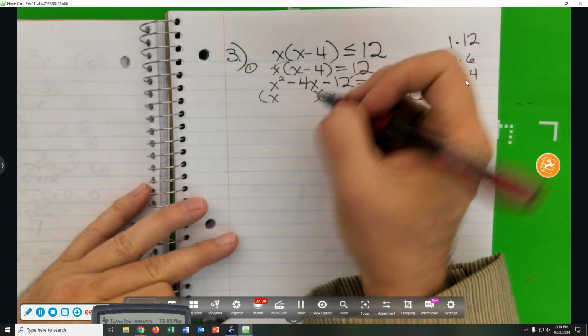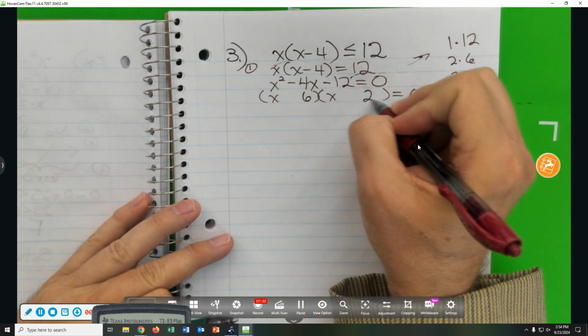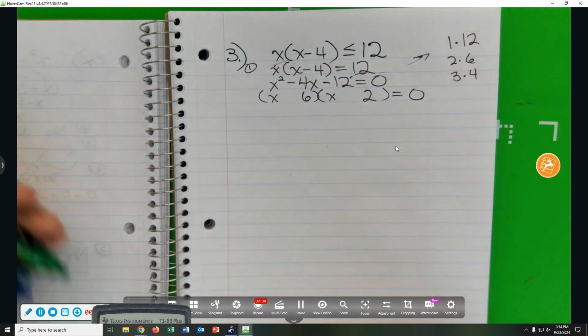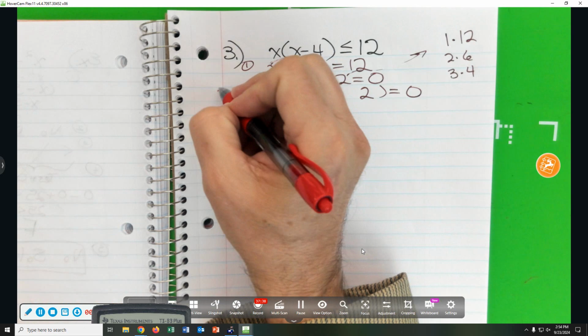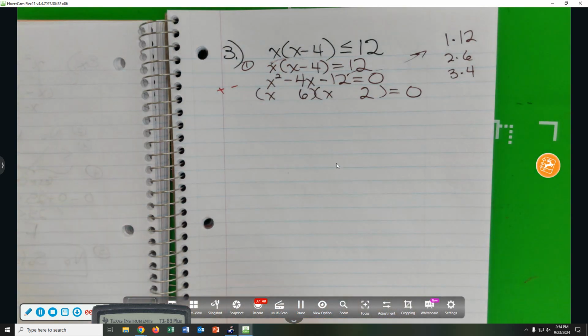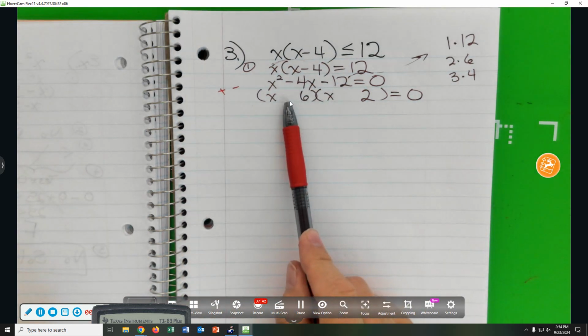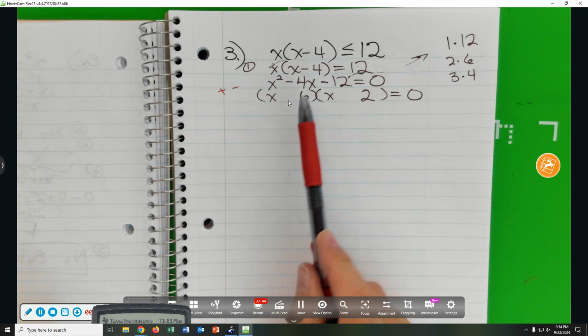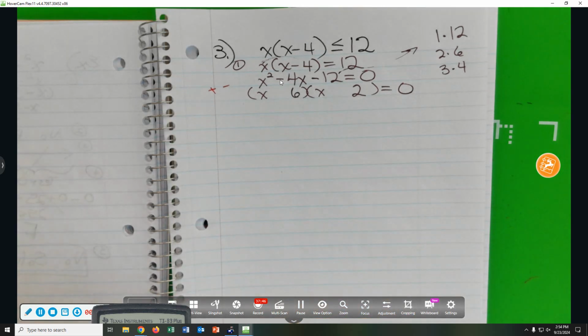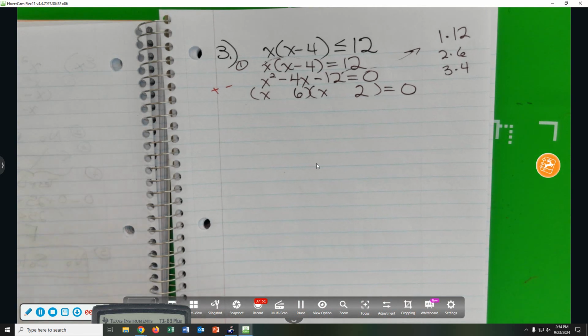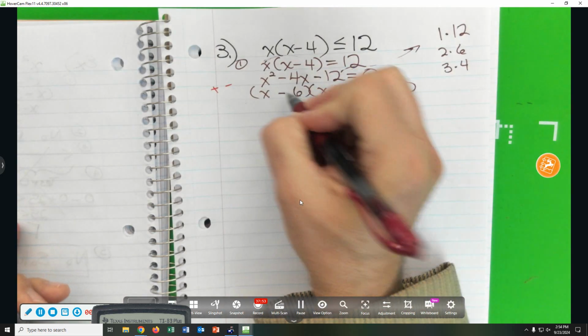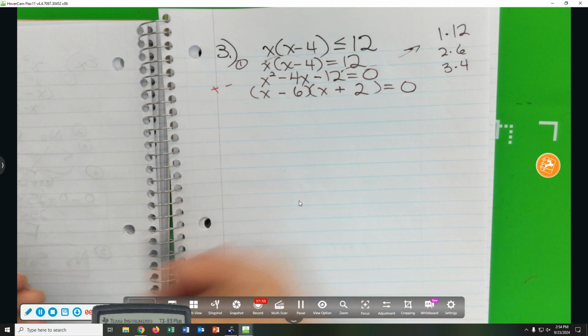The 6 and the 2. Now play it out in your head. We need 1 plus and 1 minus. What are we going to put here? If we put the plus in front of the 6, is that going to give us back the minus 4x? Or do we need a minus in front of that 6? I agree. The minus in front of the 6 and then a plus.